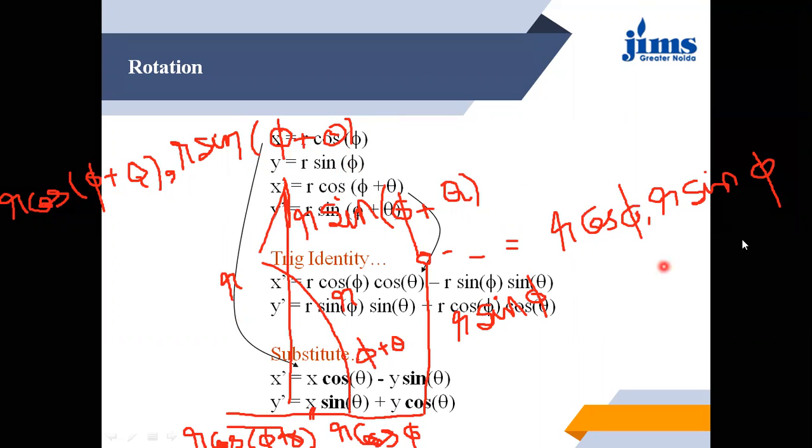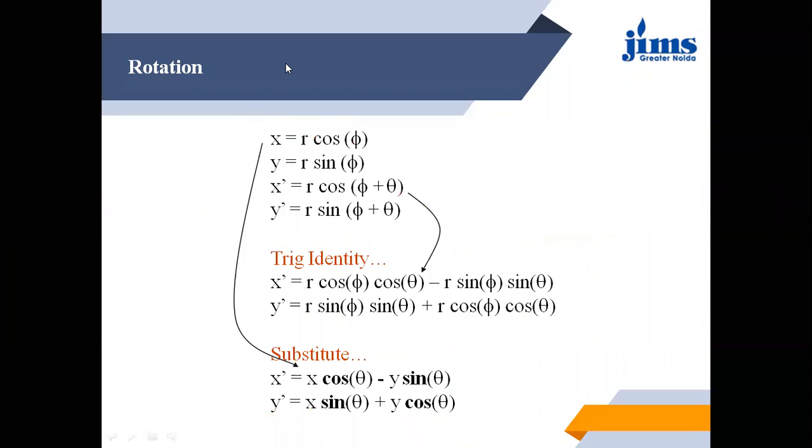So these are the values of x, y, x dash and y dash we wrote over here. Now we will solve this.